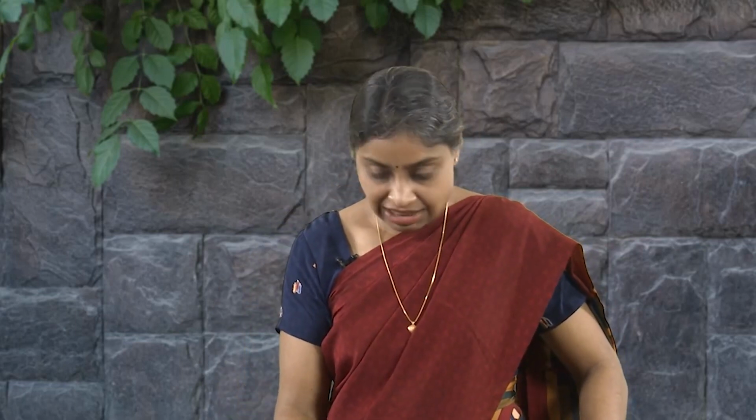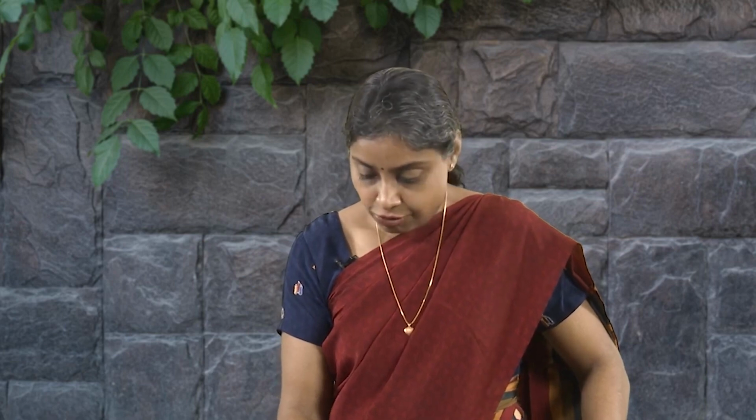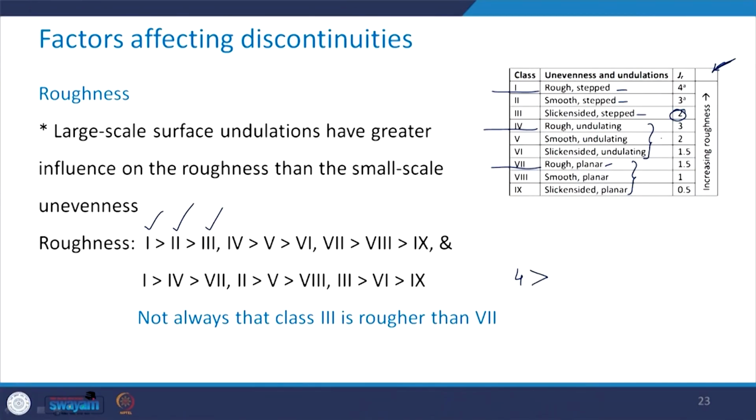So, let us see, this is 4 which is more than 3 which is more than 1.5. So, likewise you can compare the relative roughness of these classes.